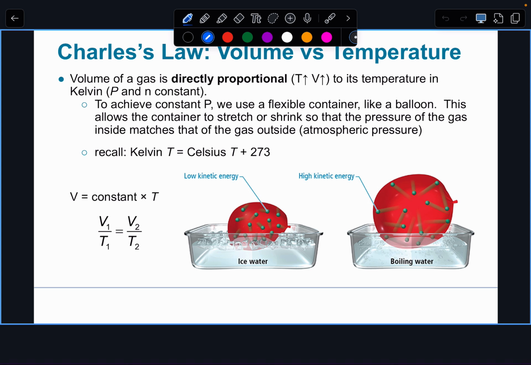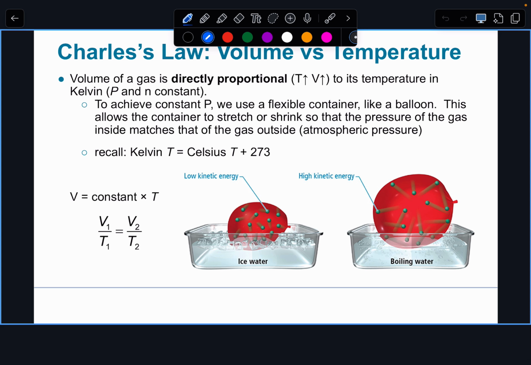So if you're ever doing a problem where it says a rigid container, they mean volume is constant, unless they change the volume. They do not mean that pressure is constant. A rigid container does not ever have a constant pressure. It's dependent completely on the gas inside. A balloon, there's the gas inside, but it's going to push against the walls and stretch them out. It's going to change the volume in order to have a constant pressure.